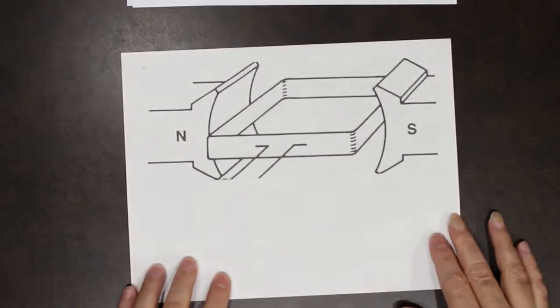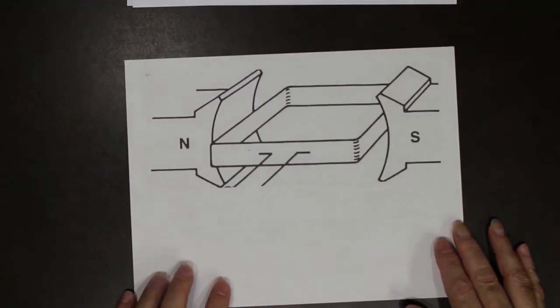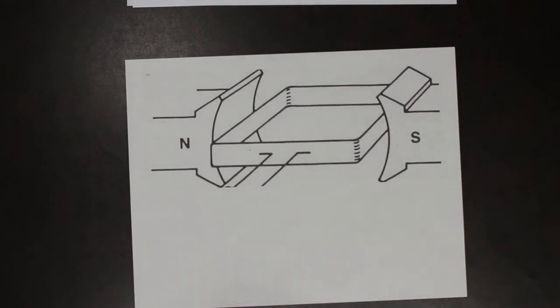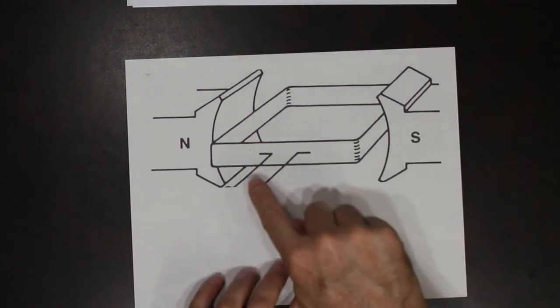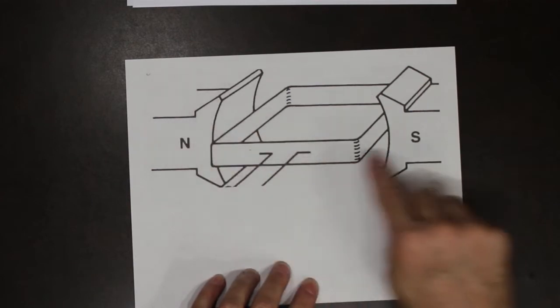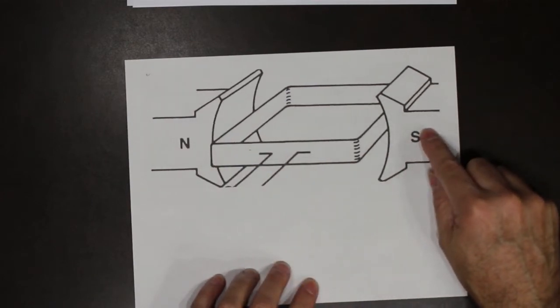So what I have here is an example of a motor. We have north and south poles of a magnet.